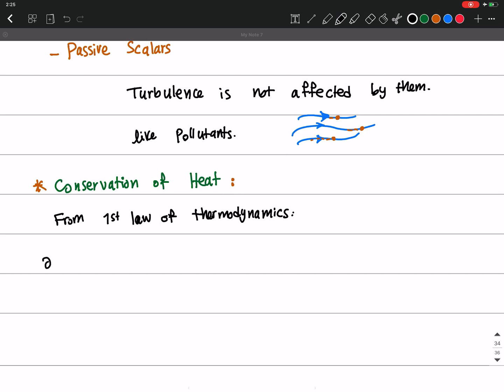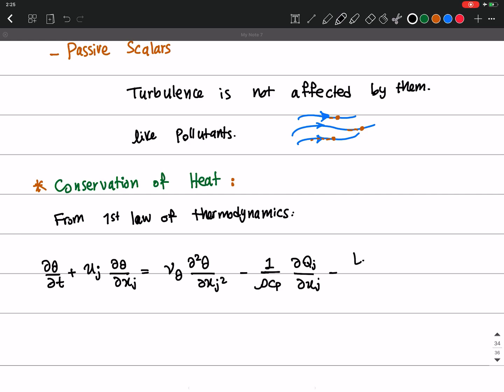Partial theta partial t plus uj partial theta partial xj equals nu theta partial squared theta partial xj squared, minus 1 over rho Cp, and I will explain these terms, partial Qj over partial xj, minus Lp E over rho Cp.